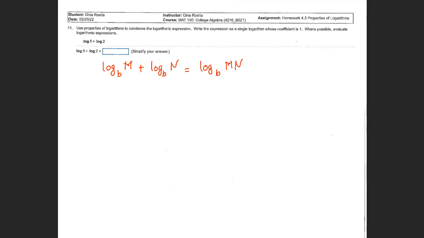Okay, so our problem is logarithm of 5 plus logarithm of 2. So the answer becomes logarithm 5 times 2, so equal logarithm 10. Okay. If the base shown over here, this is 10 with base 10, yeah? Okay. So now the answer becomes 1.